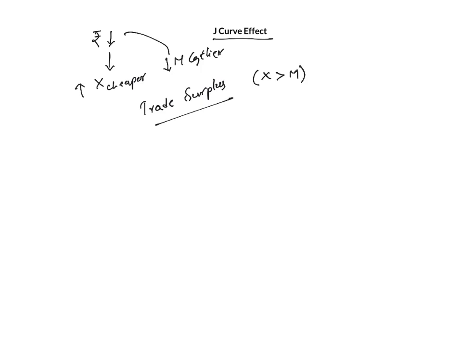But the increase in exports or fall in imports is not going to happen immediately. When your goods become cheaper, it all depends upon the elasticity of exports, or the rate at which exports increase with the fall in the value of the rupee.